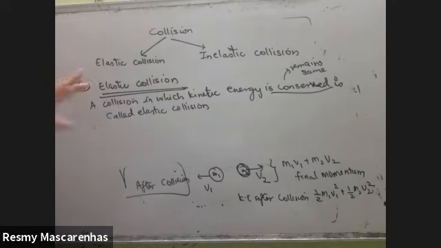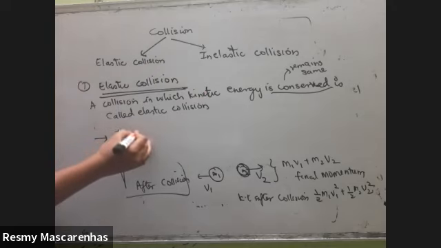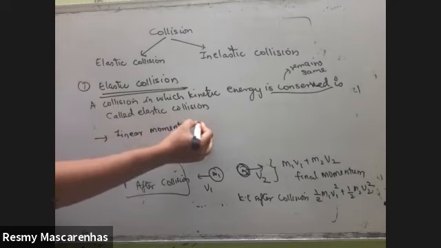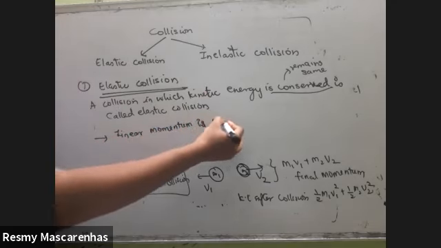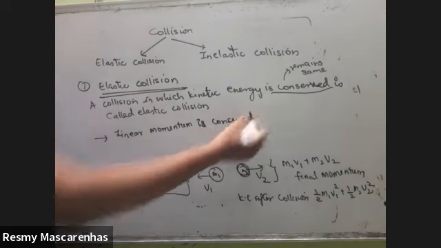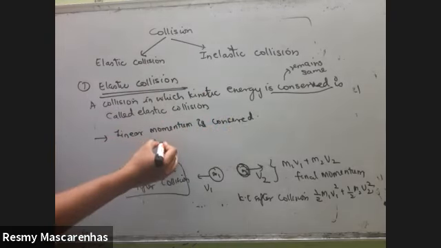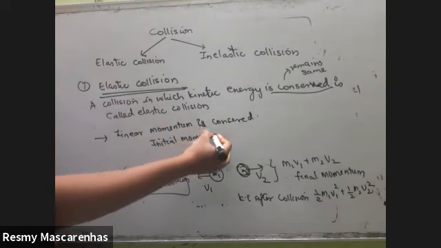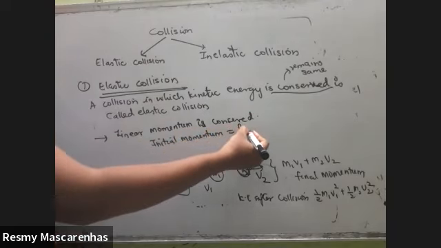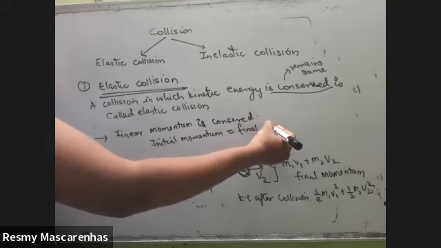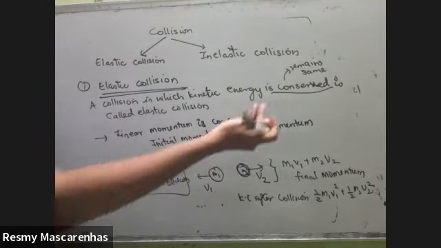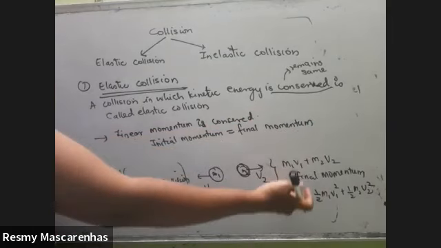There are two points here. Linear momentum is conserved. Means what? Initial momentum is always equal to your final momentum. So whatever is your initial momentum will always be the same as this.